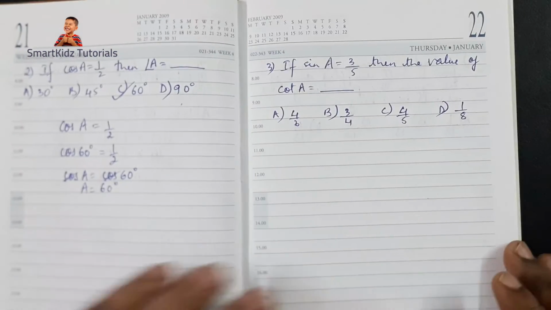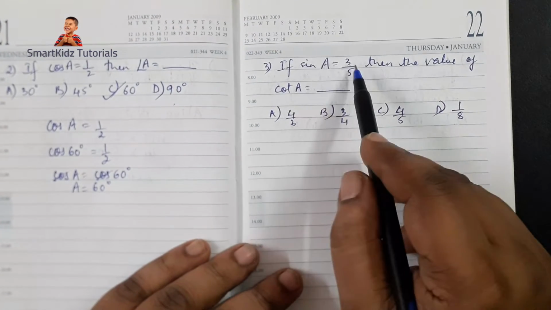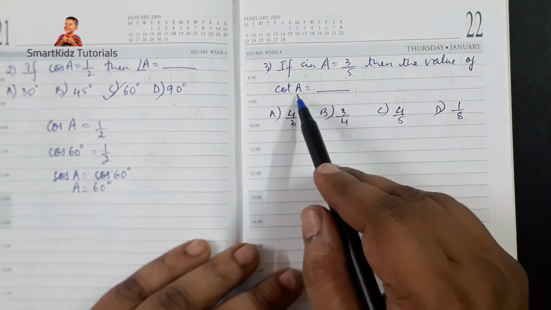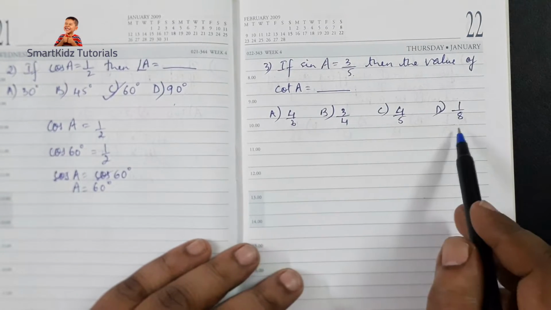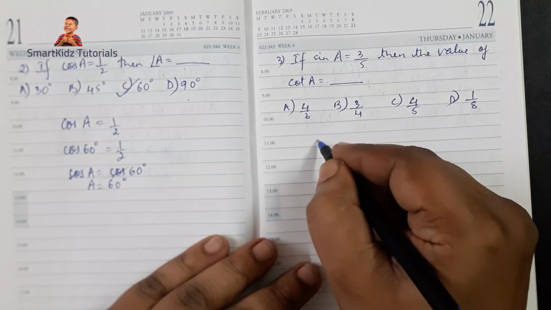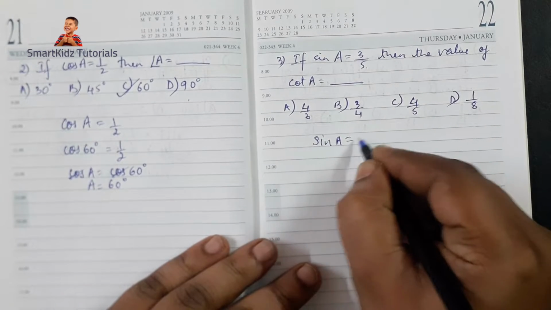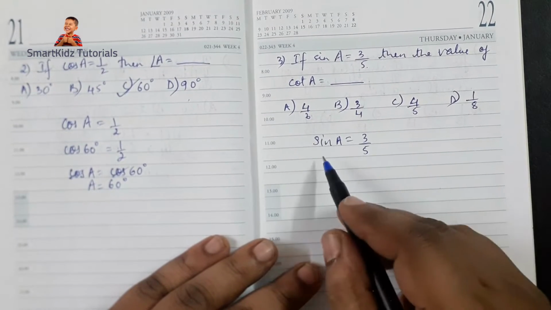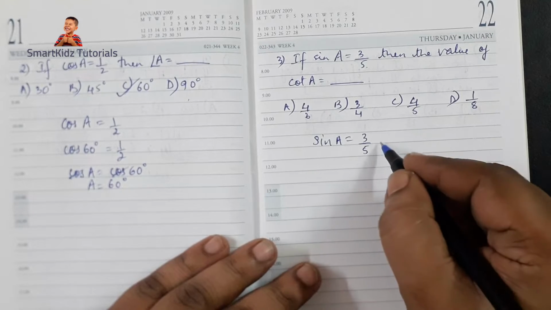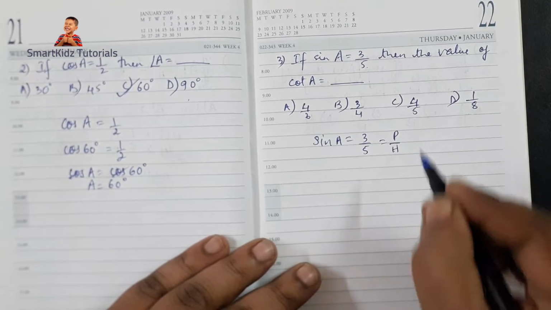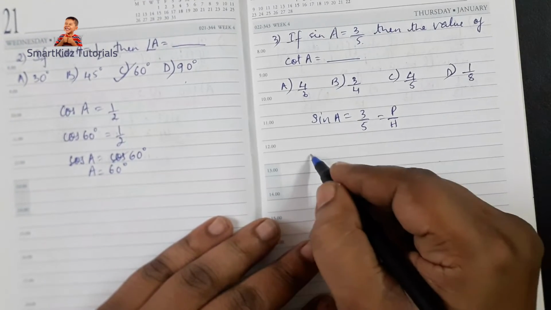Next question. If sin A equal to 3 upon 5, then the value of cot A equal to dash. Here are the choices. So sin A equal to 3 upon 5. We know sin is equal to perpendicular upon hypotenuse. So we need to find the base.